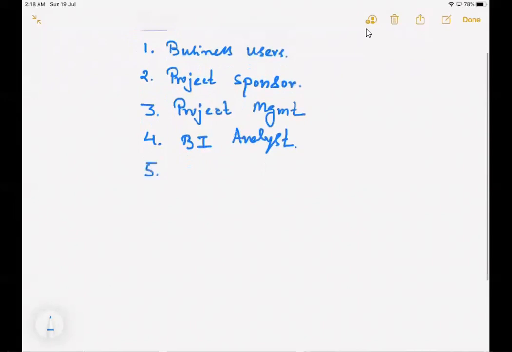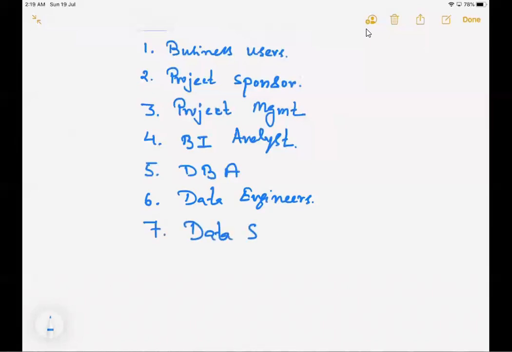Number 5, we're also going to need somebody from the database administration side. Number 6, you also need some data engineers. And last, but of course not the least, the 7th category of people, we will be needing the data analysts or the data scientists.